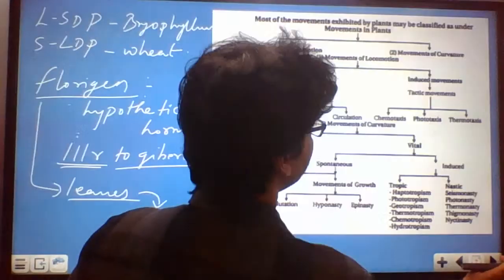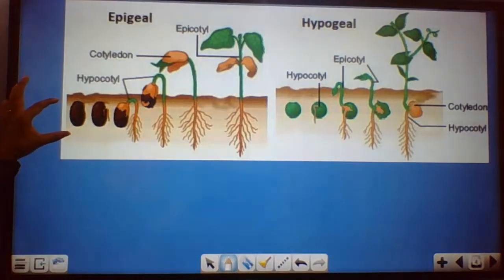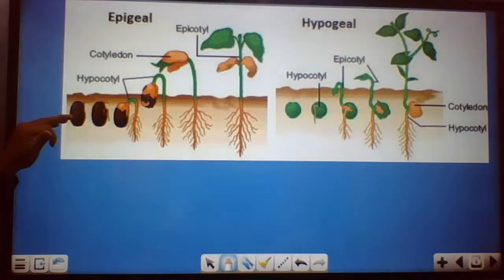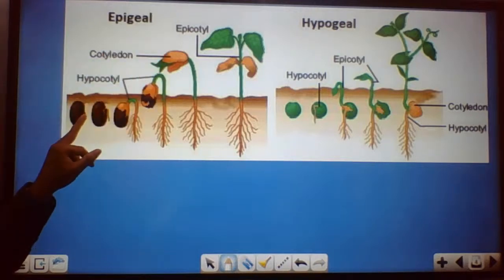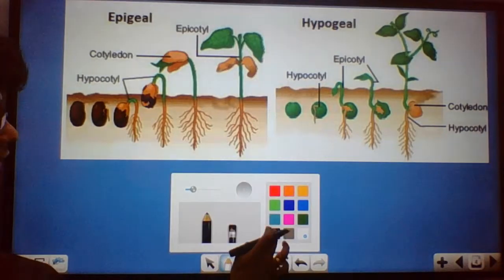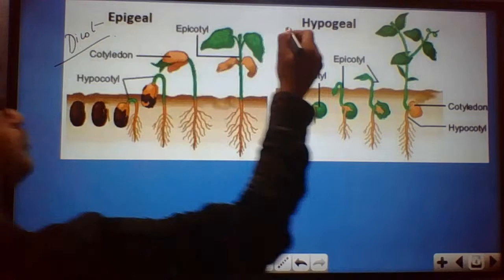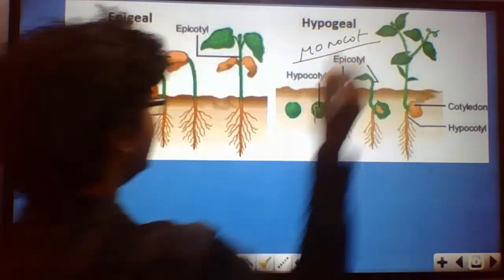Let me explain this with this diagrammatic representation. In the case of epigeal, you could see the seeds being sown and started germinating. But you could see two things, epicotyl as well as hypocotyl. Epigeal we talk about dicot, and hypogeal we talk about monocot seed.